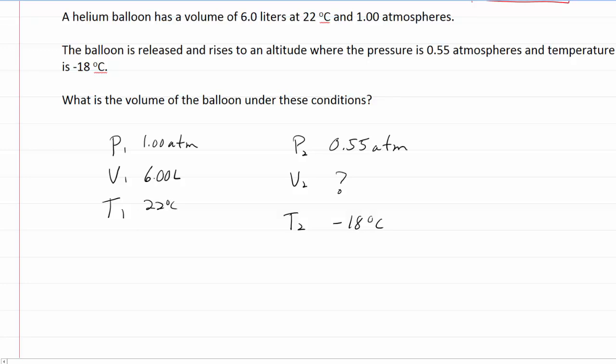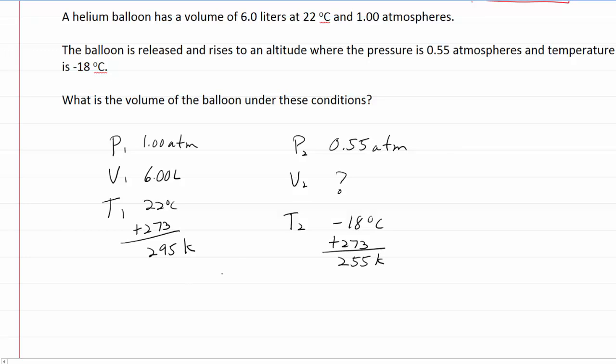So I need to add 273 to each of these in order to convert to Kelvin. So I've got 295 kelvins for T1, and I've got 255 Kelvin for T2.